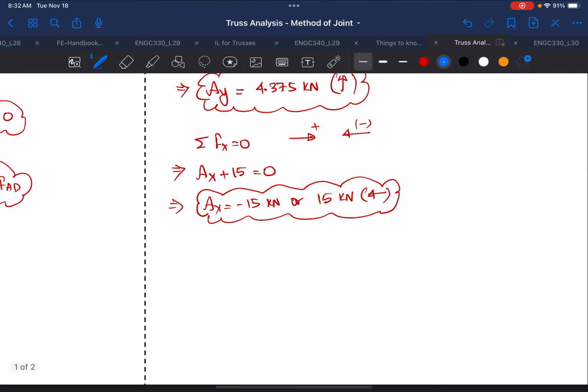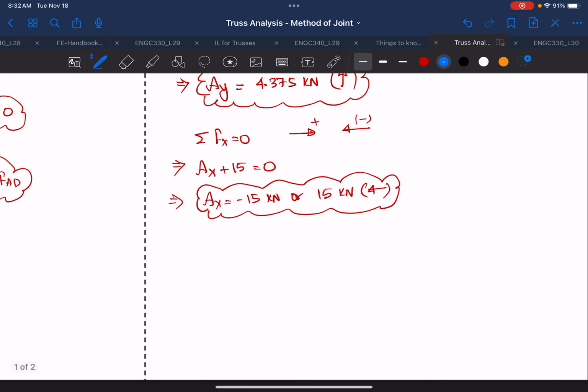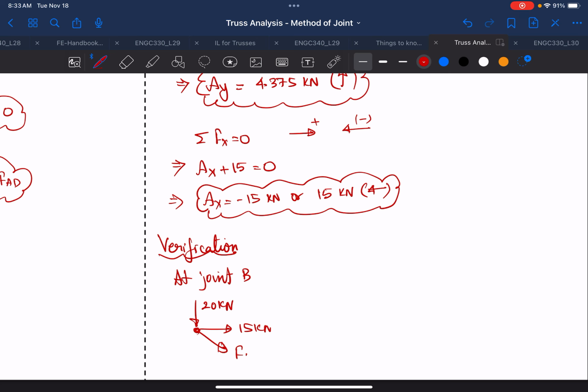Let's say that in the exam, if you have time to review, you can do a verification whether it's true or not. This is only if you have time to review. In that case, you'll take joint B. This is 20 kilonewton, this is 15 kilonewton, and this is FCB, and this is FBA, and all these are theta.